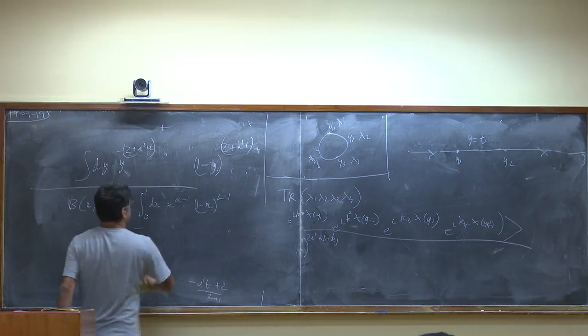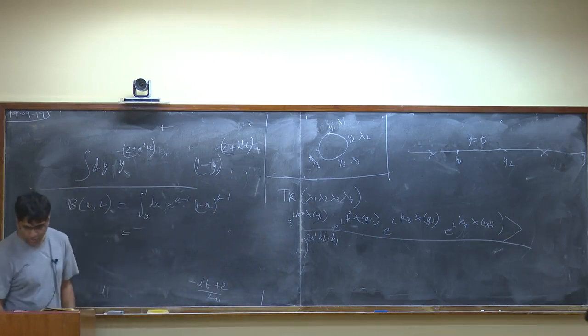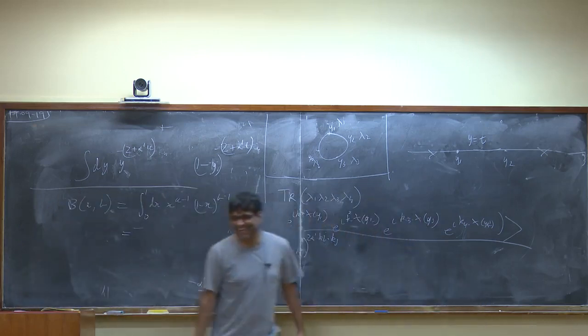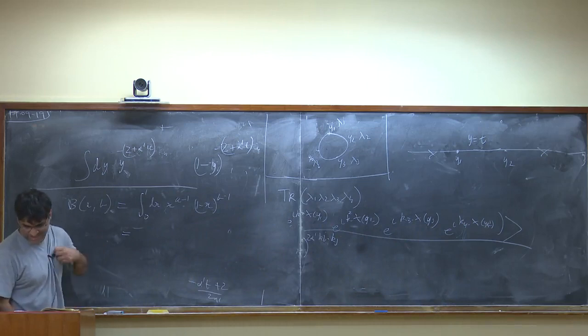Okay. So this is this beta function which, all of you have shown in your math methods course, is equal to gamma over gamma.